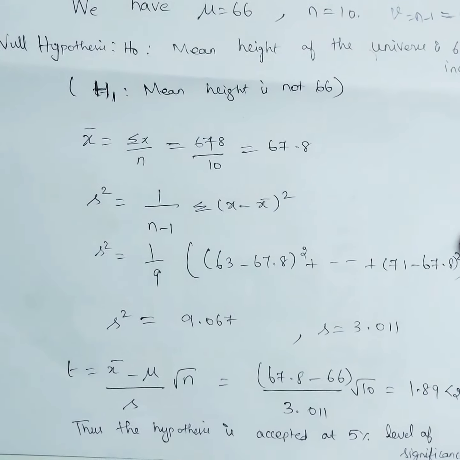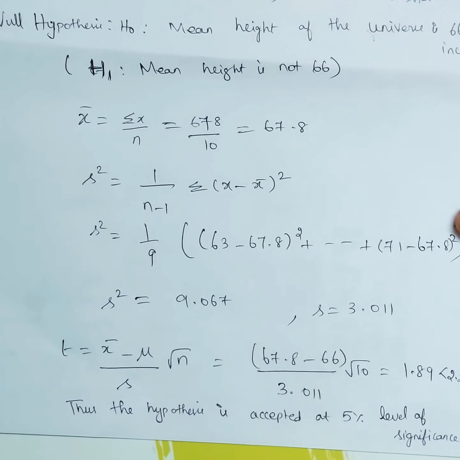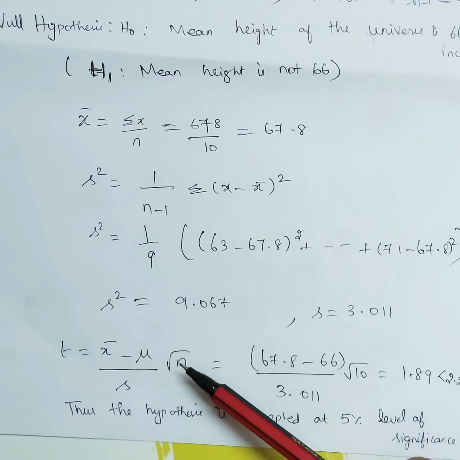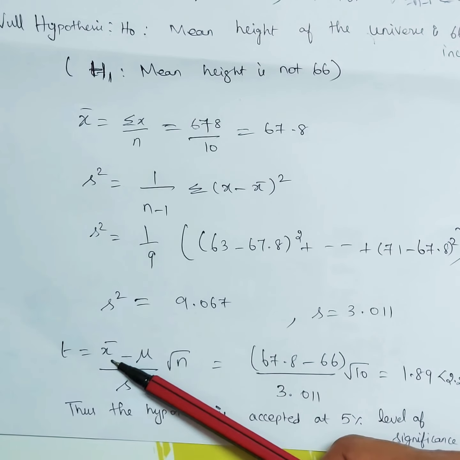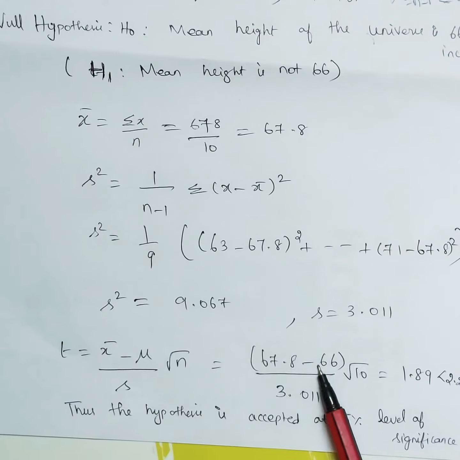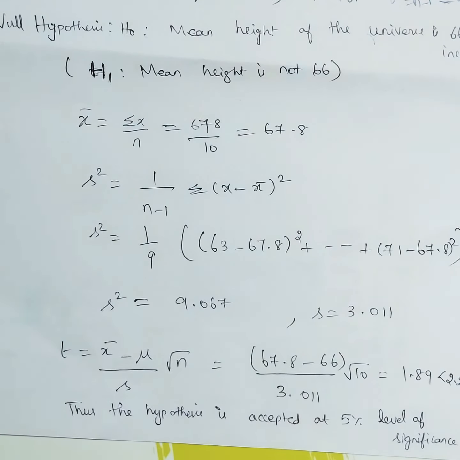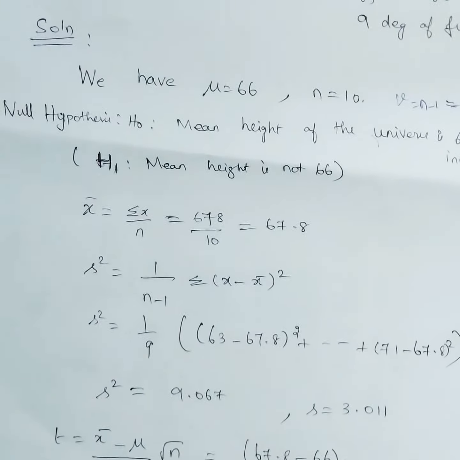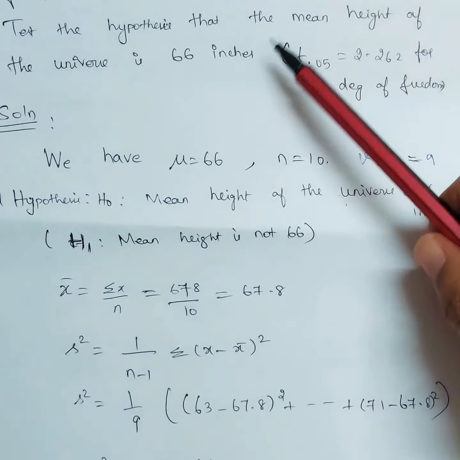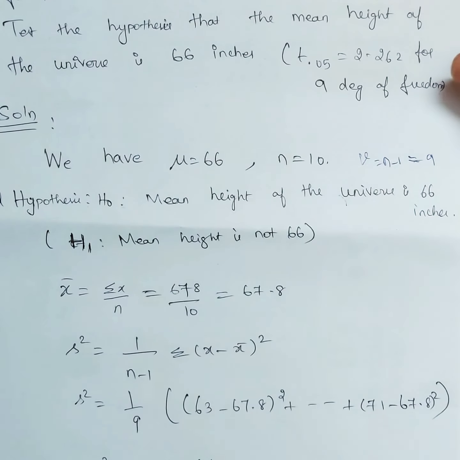What is the formula? T is equal to x bar minus mu by S into root n. So x bar is the average of all the values. So 67.8 minus mu, what is mu? They have told that in the hypothesis, right? Test the hypothesis that the mean height of the universe is 66 inches.